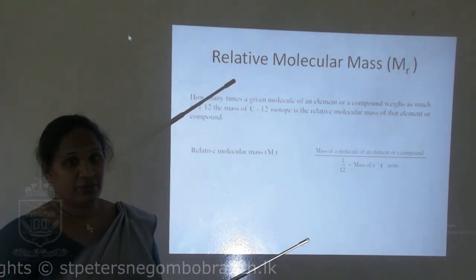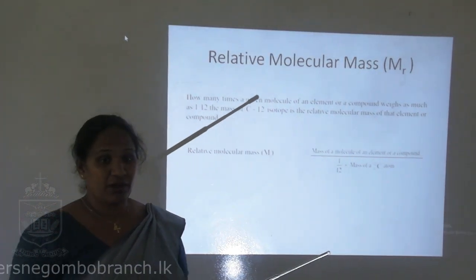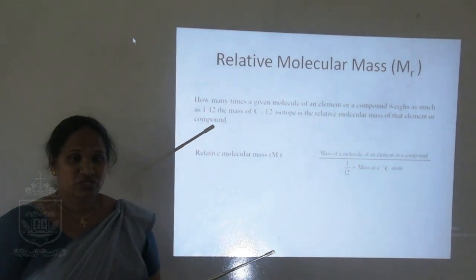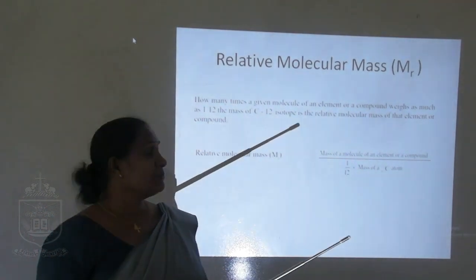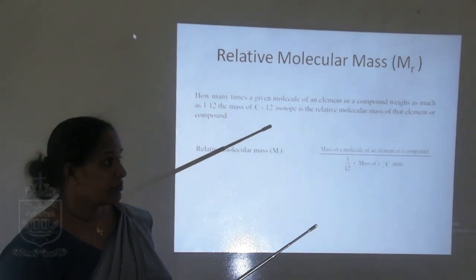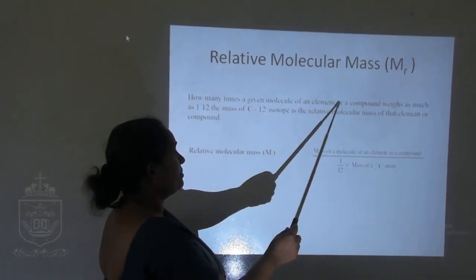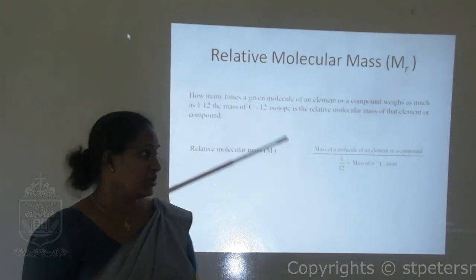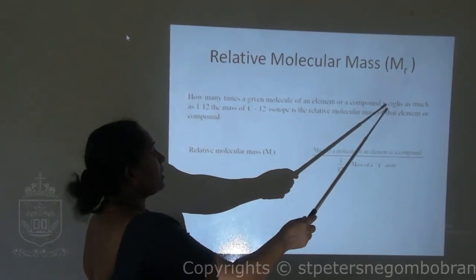Yes. If you remember homoatomic molecules: O2, N2, H2, they are homoatomic molecules. That's why it's called an element. For a compound, you know the basic unit of a compound is the molecule.